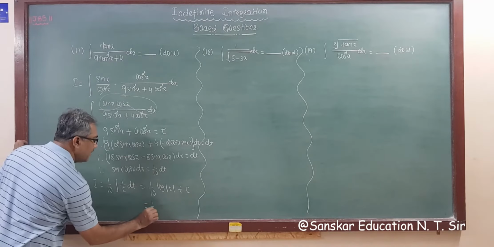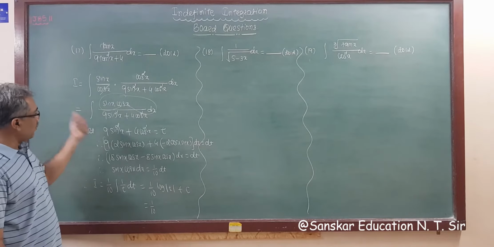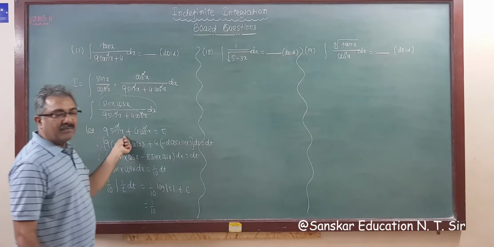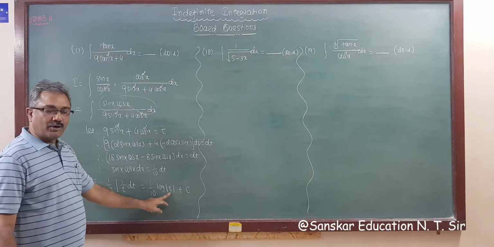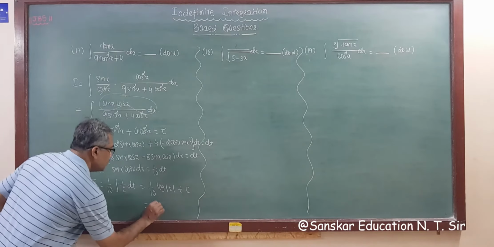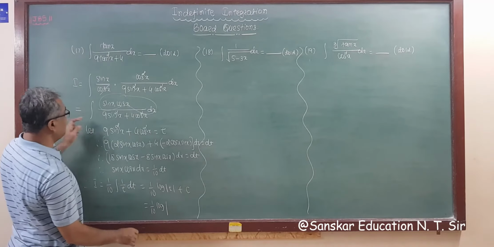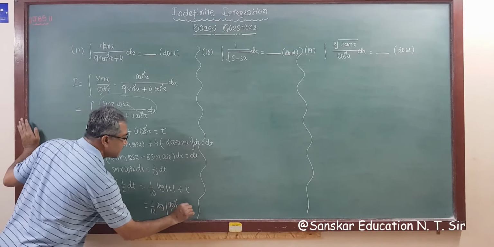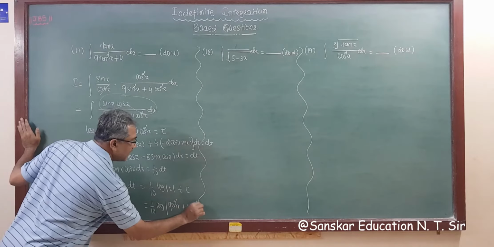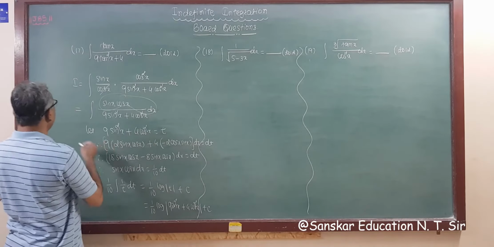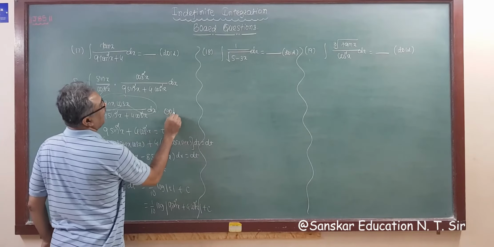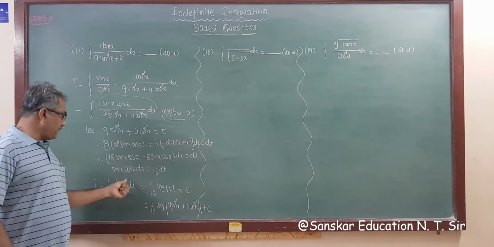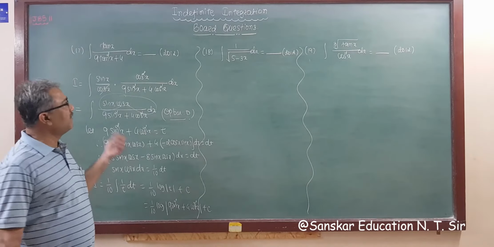That is 1 upon 10 log mod of 9 sin square x plus 4 cos square x. So your option number D, right? Option D is your correct answer. So log mod t is 9 sin square x plus 4 cos square x plus c. So option D is your correct answer, right? Sorry, I was writing t instead of 1 upon t here.